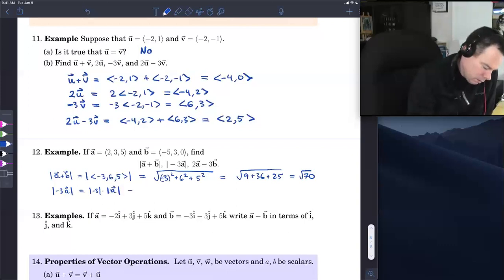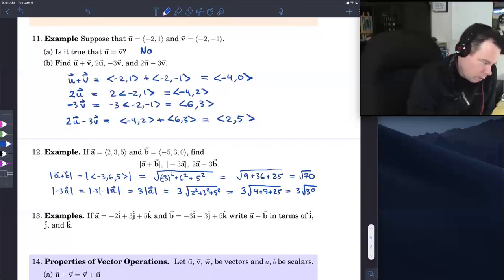And in this case, that's 3 times the length of a. And so that's 3 times the square root of 2 squared plus 3 squared plus 5 squared, or 3 times the square root of 4 plus 9 plus 25, which is 3 times root 38.